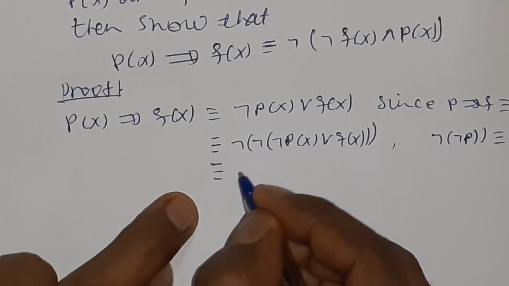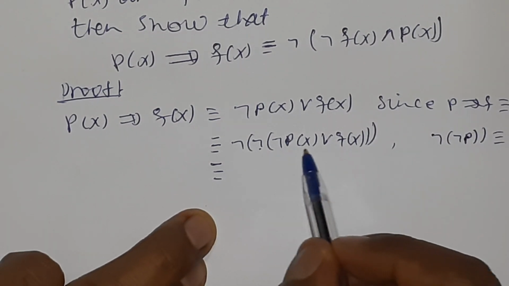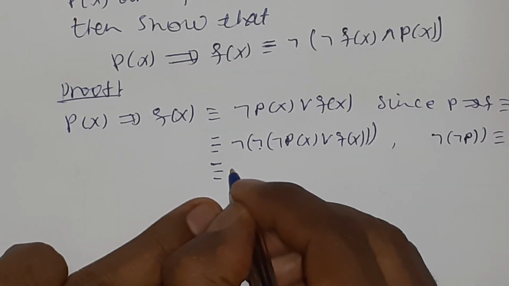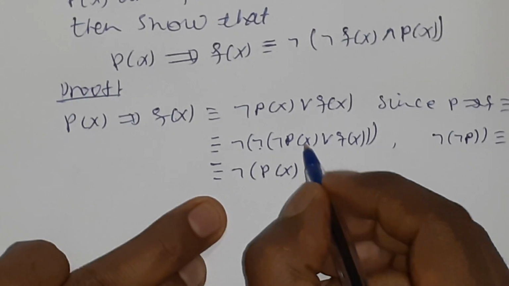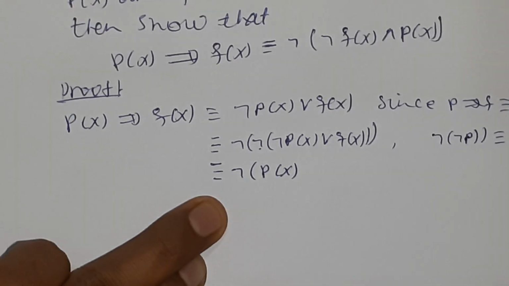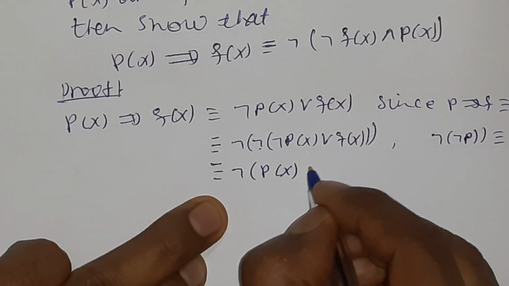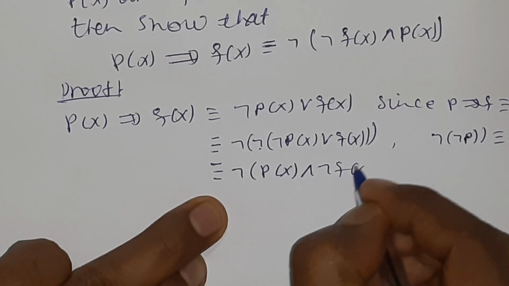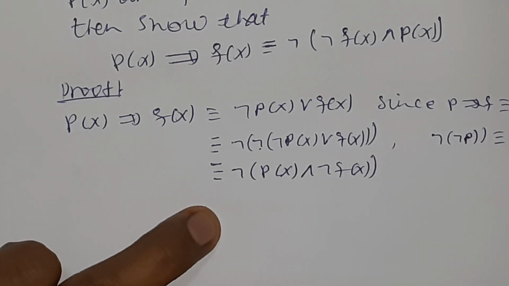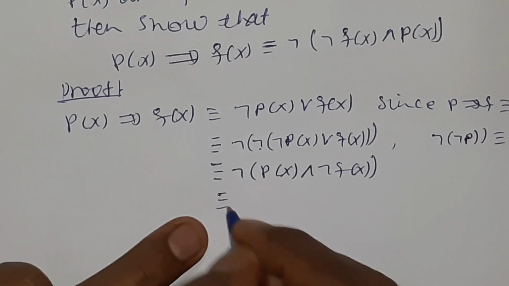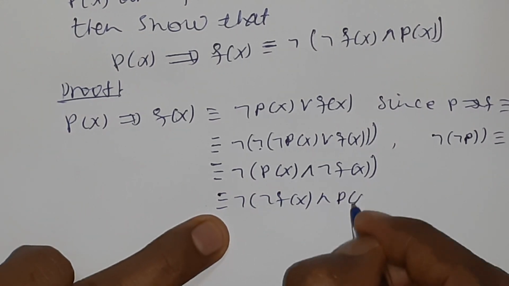Then this is equivalent with, if we distribute this negation over this logical disjunction, the negation of the negation of P of X, that is P of X, and, since or must be replaced by conjunction when we distribute, the negation of Q of X. Then they are equivalent with the negation of Q of X and P of X.